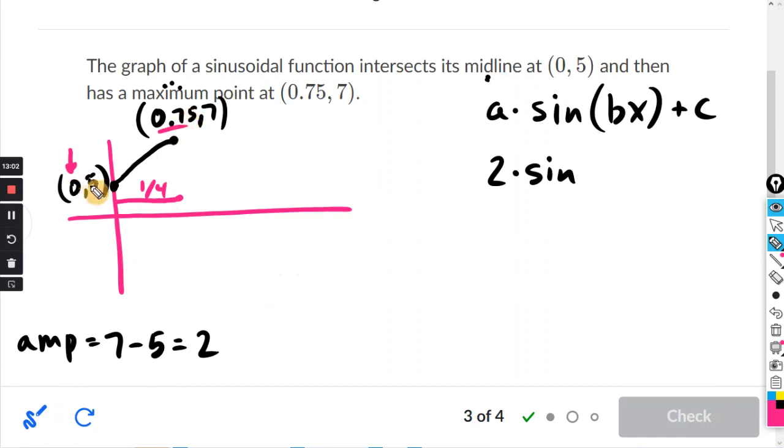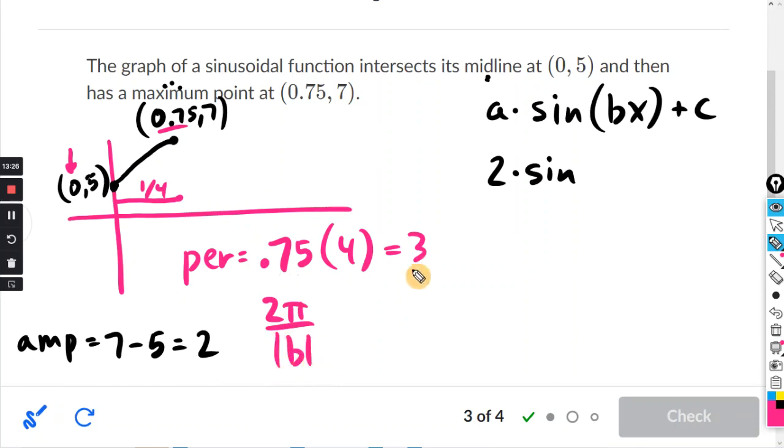So 0.75 minus 0 is just 0.75. But that is only 1/4 of the period, so we have to multiply this by 4, and that's going to equal 3. Now we use our formula for period. We know period is 2 pi over the absolute value of b, and that's going to equal 3.